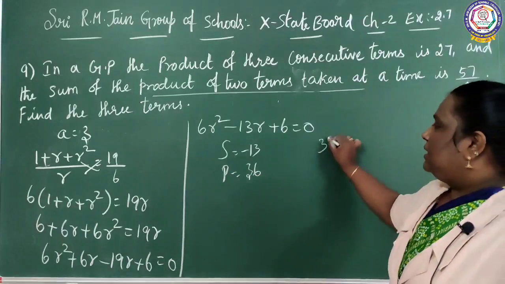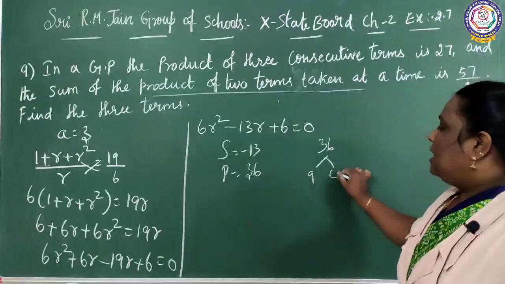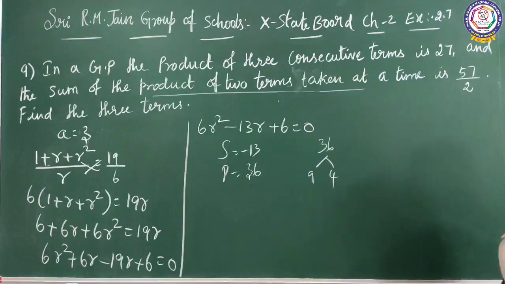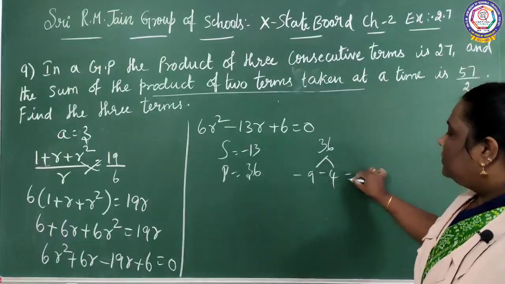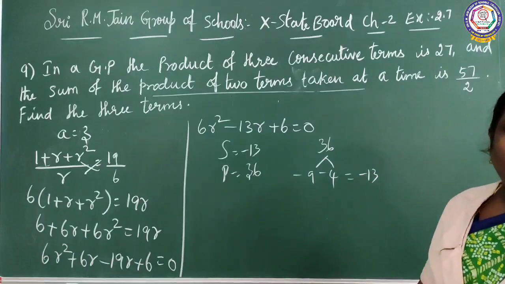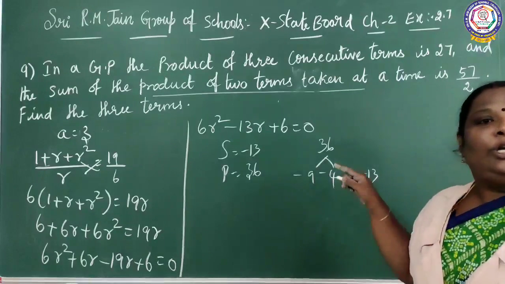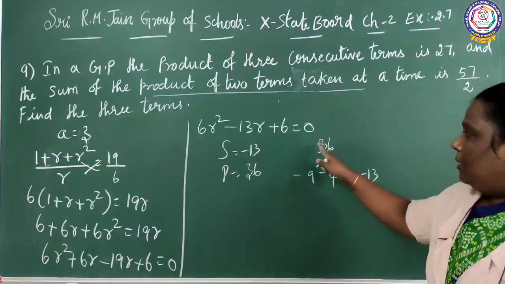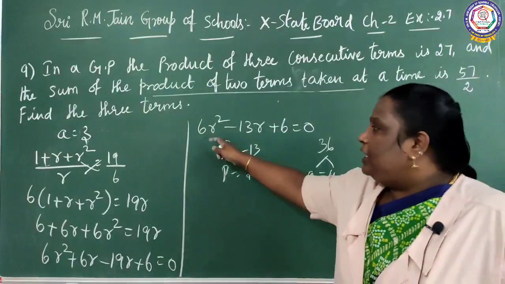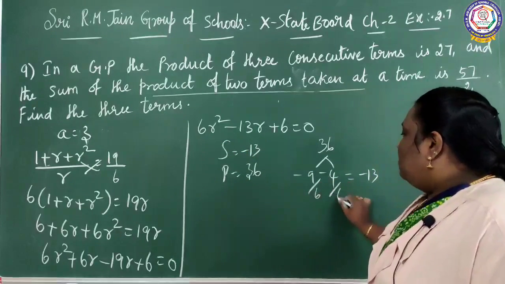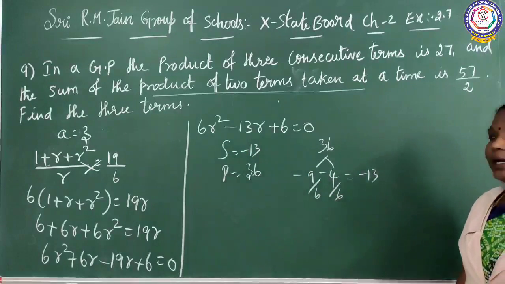So 36, 9 fours are 36, minus 9 minus 4 equal to minus 13, minus 9 into minus 4 equal to plus 36, but coefficient is there, so you can divide by 6. So what is the value we are getting?